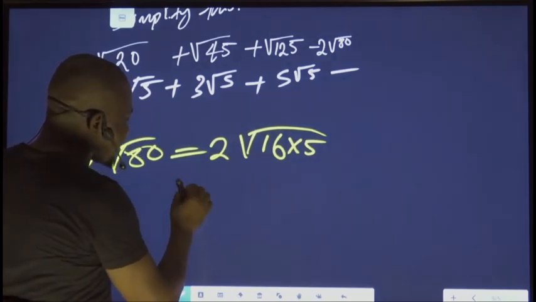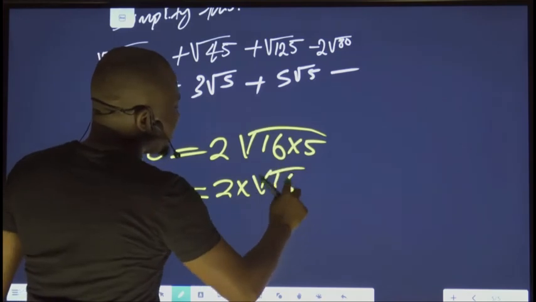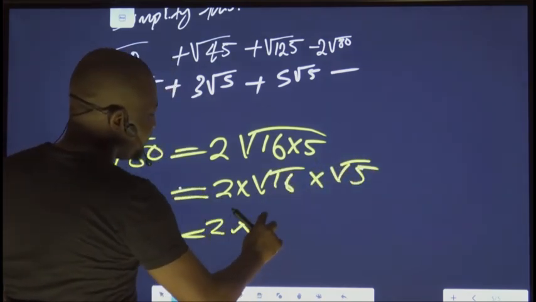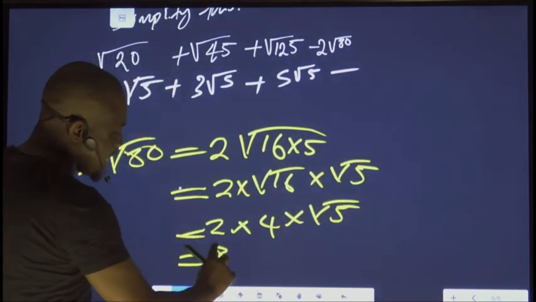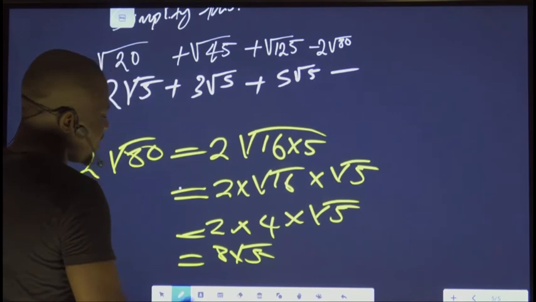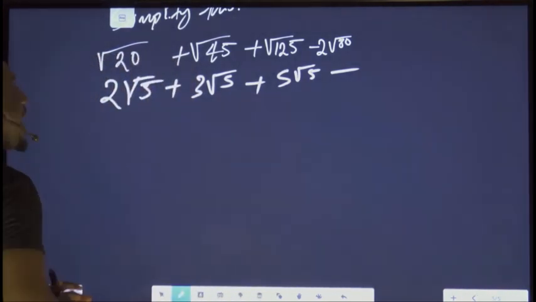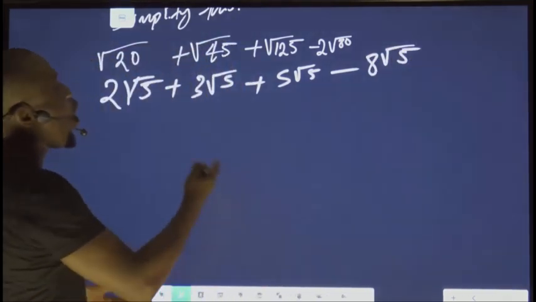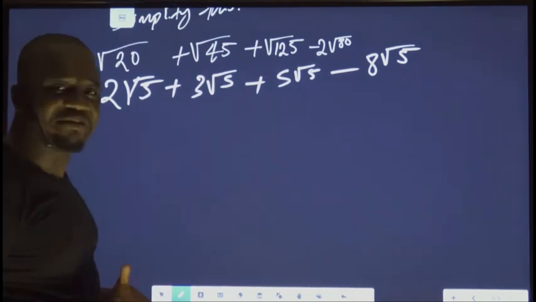Therefore, this means 2 multiplied by the square root of 16 multiplied by the square root of 5, which is 2 multiplied by 4 multiplied by the square root of 5. This will give us 8 square root of 5. Okay? 8 square root of 5. Now, all of them are square root of 5.